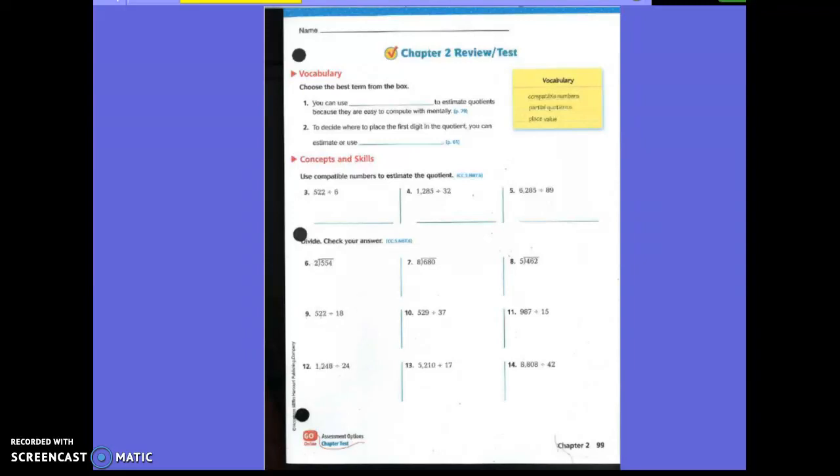You can use compatible numbers to estimate quotients because they are easy to compute with mentally. What can we use? Compatible numbers.